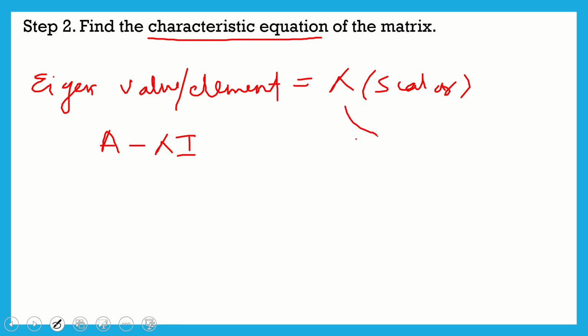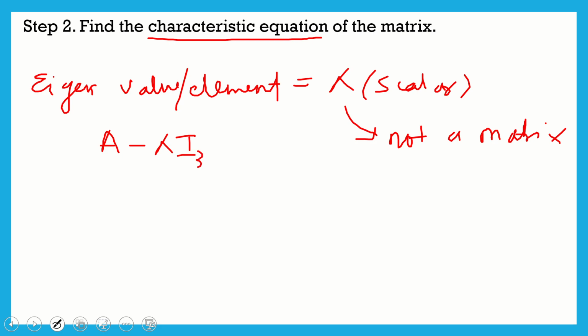So that means it is not a matrix. Keep remembering that it is not a matrix. It is just an element, right? So that's why we multiply it with the identity matrix. It is of 3 by 3 order, so I can also write I3. I think it is visible to you. If not, let us rewrite again.